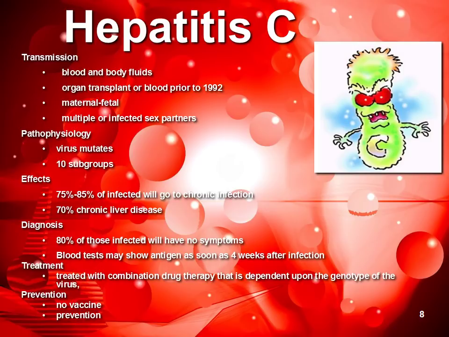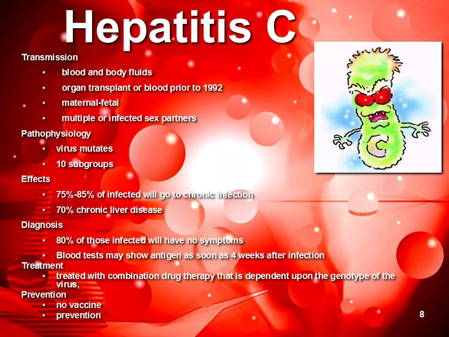The other treatment option is a liver transplant. Unfortunately, most transplanted livers will eventually become infected as well, but by altering lifestyle and avoiding risky behaviors, recipients can improve quality and quantity of life.